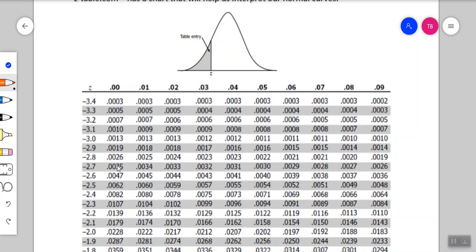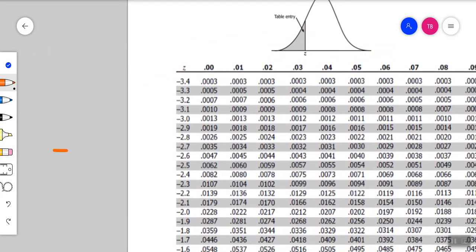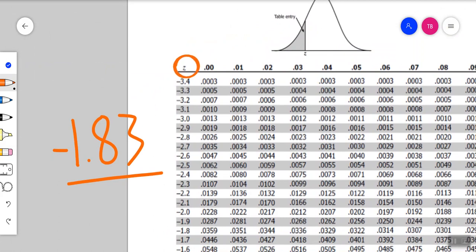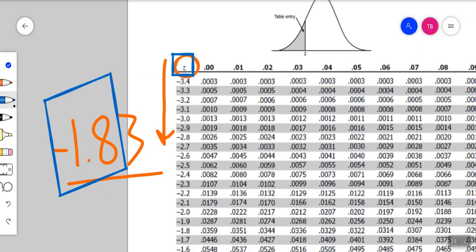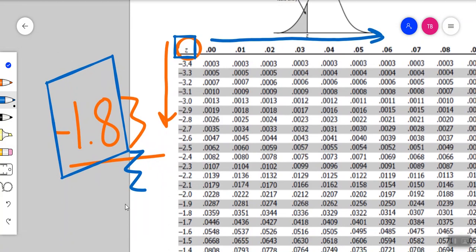So say, for instance, you got a z-score of -1.83. I'm going to look at this column first and scroll down until I see the first part, 1.8. That's going to be in this column. And the second part, this 3, is going to be along here. So I'll show you what I mean. For 1.83, first I'm looking for these first 2, -1.8.